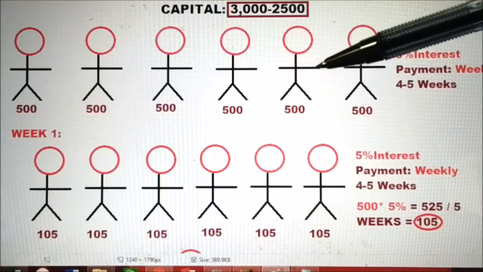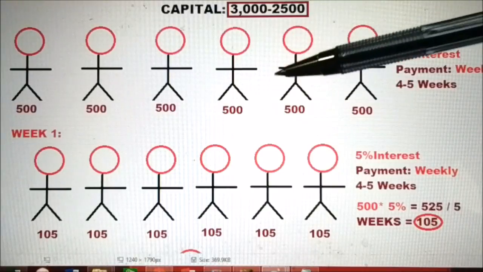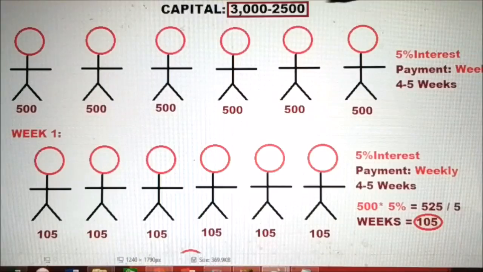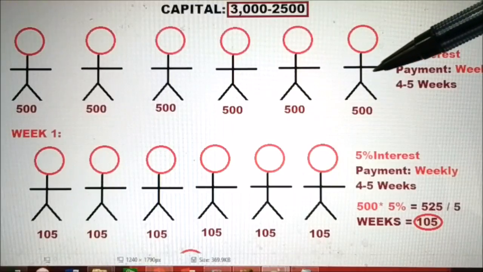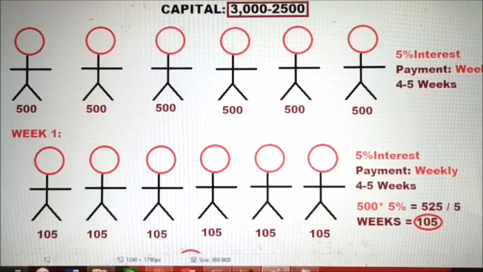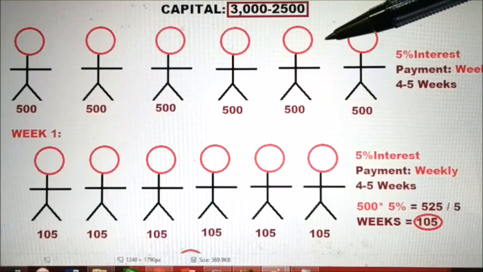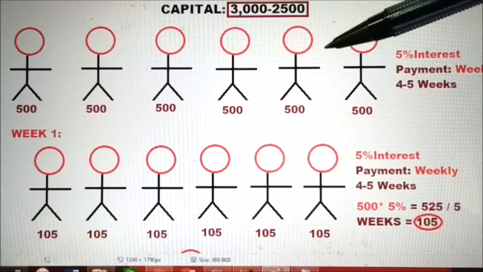Okay guys, hope this is very clear. Our 3,000 capital is distributed to 6 heads with 5% interest and a payment divided into 5 payments. So the payment is scheduled every week.